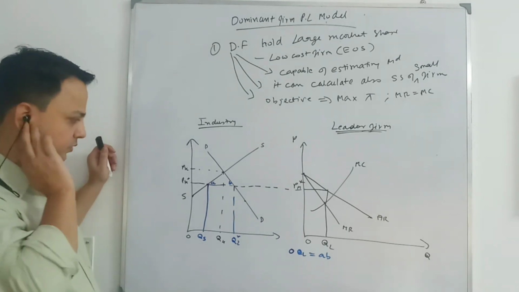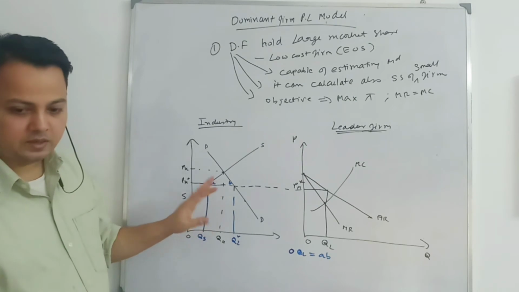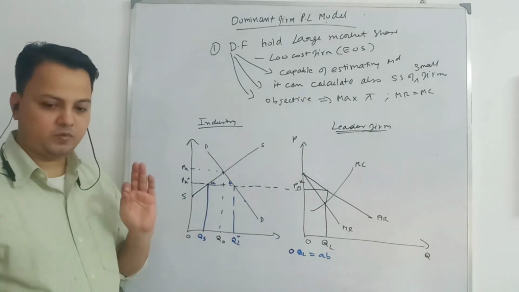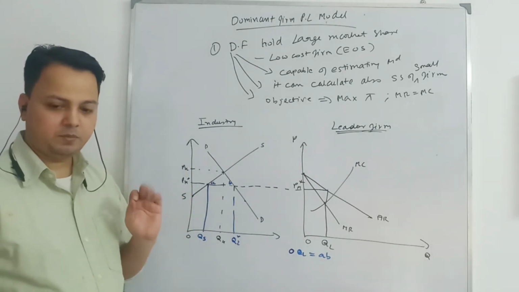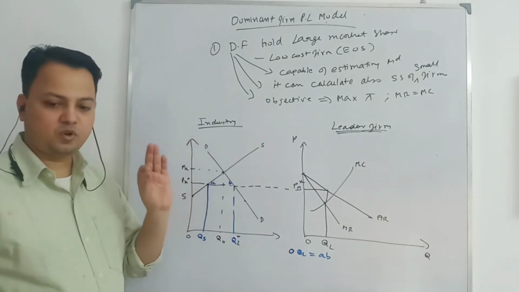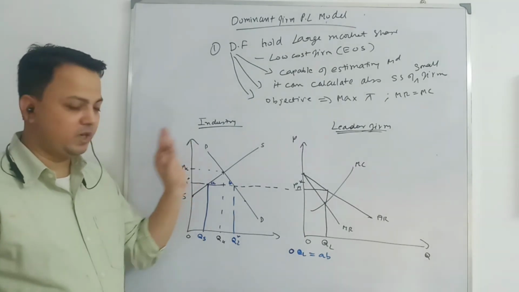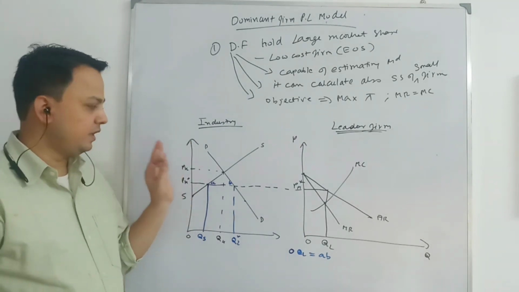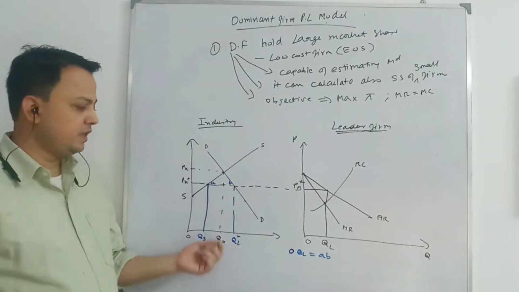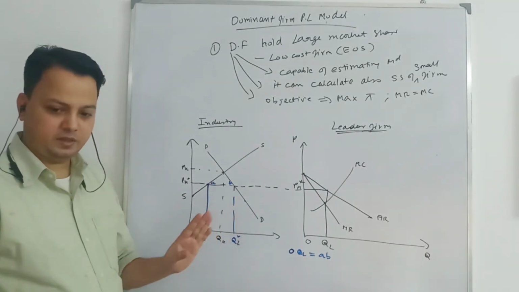In this way, the dominant firm determines the price, and for stability, I told you what we require. Does anyone remember what I said? The small firm has to follow faithfully whatever price is determined by the dominant firm. The stability condition is that the small firm must follow the price set by the leader.